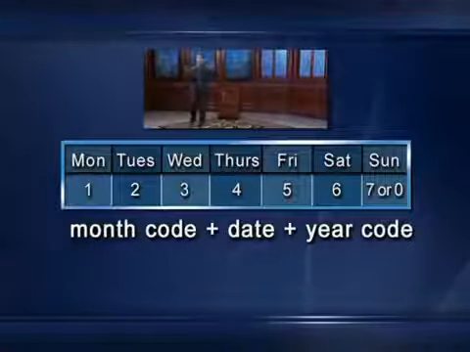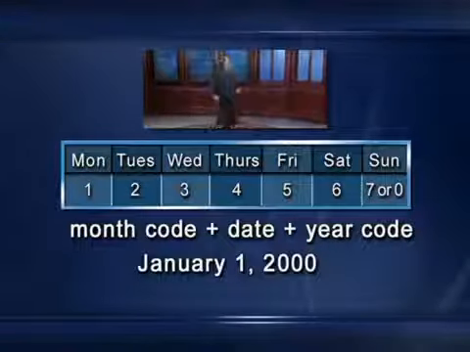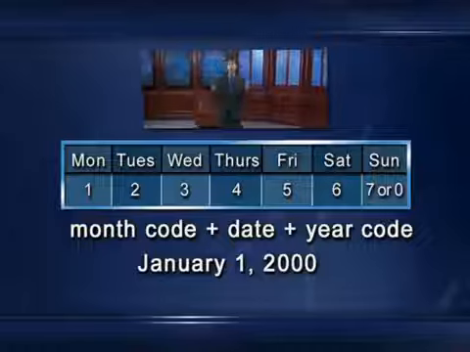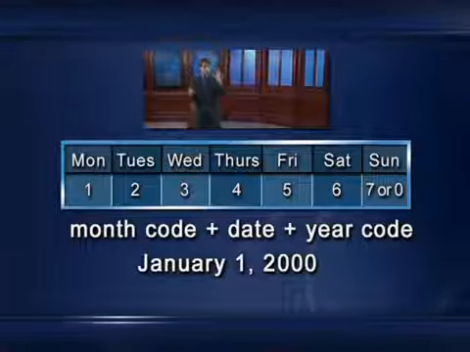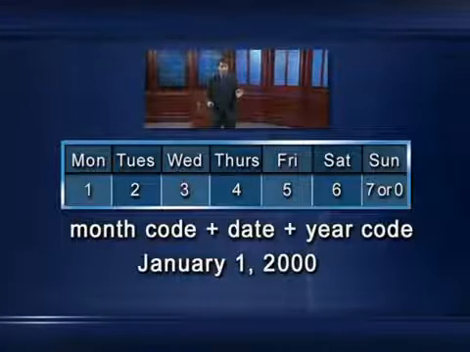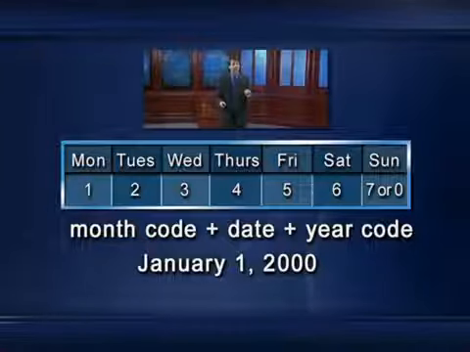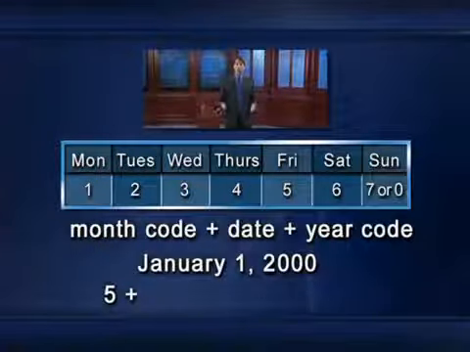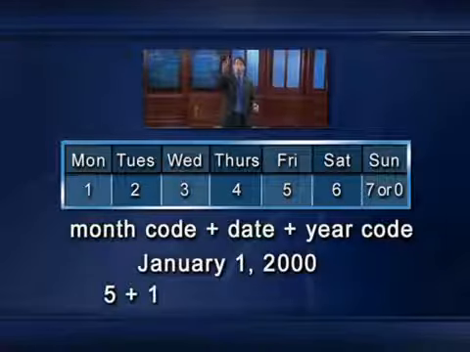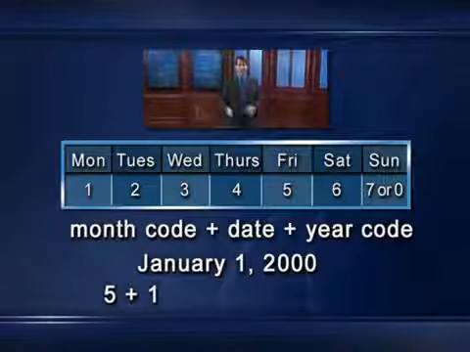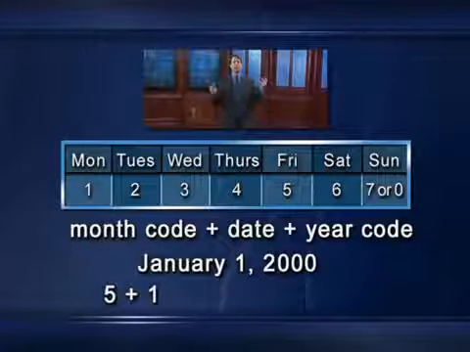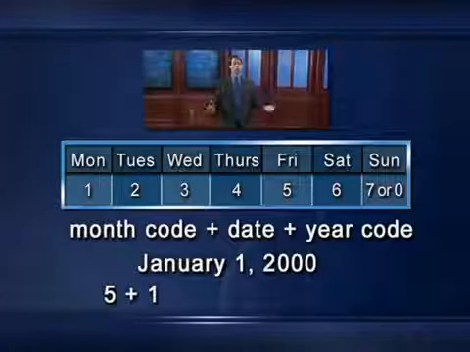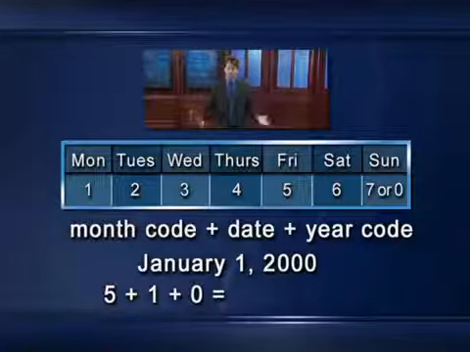Okay, so let's say for January 1st, 2000, the month code for January, well now let's see, 2000 is a leap year, so the month code for January is 5. Now it's January 1st, so we add 1 for the first, okay? And then the year code for 2000 is 0.